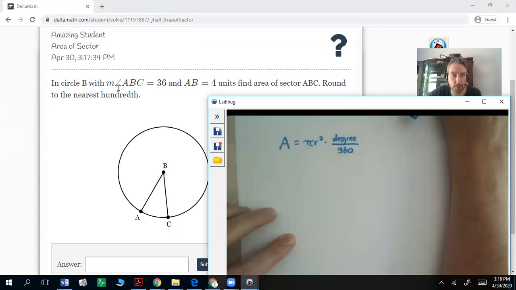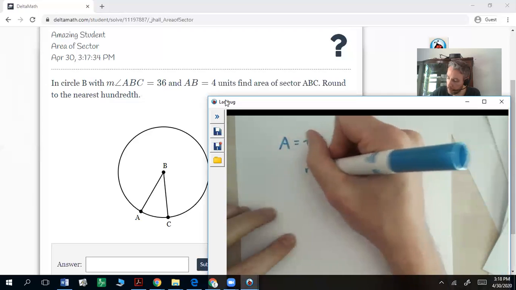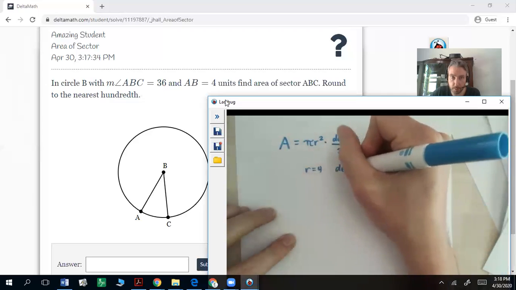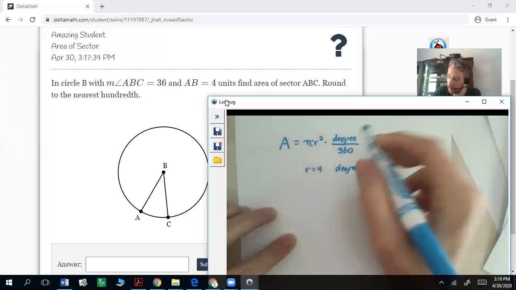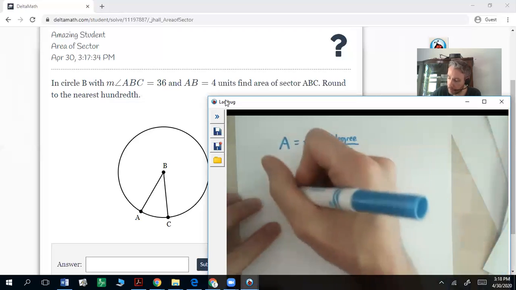That's your angle symbol, so that's how you know. And you're given AB, which is the radius, since that's from the center of the circle to the edge. So your radius is 4, and your degree is going to be 36. And we want to plug those two numbers into pi r squared times degree over 360.